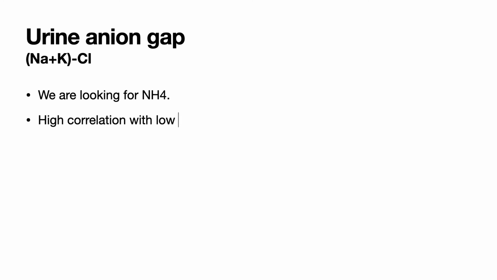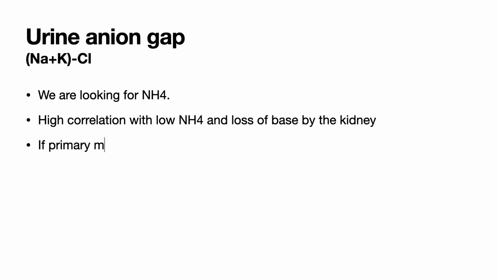And it has a high correlation with a low NH4 and loss of base by the kidney, which is going to give you a urinary gap of more than 10. And a urinary gap more than 10 means that there is loss of base from the, or inability to keep all the base in the kidney.